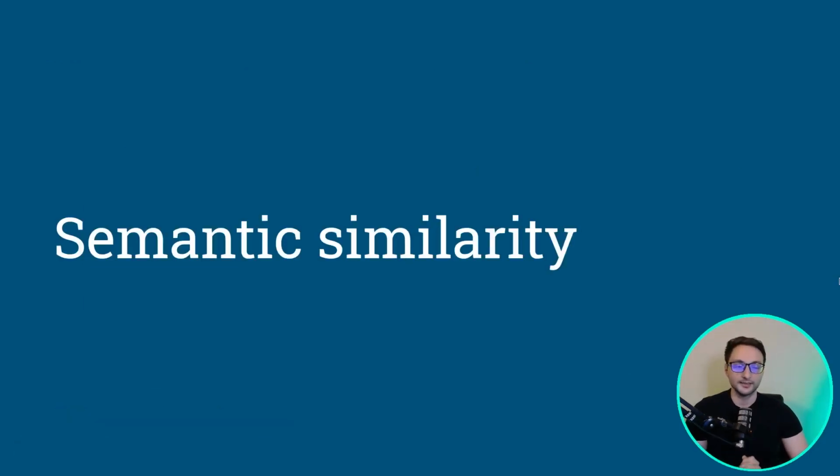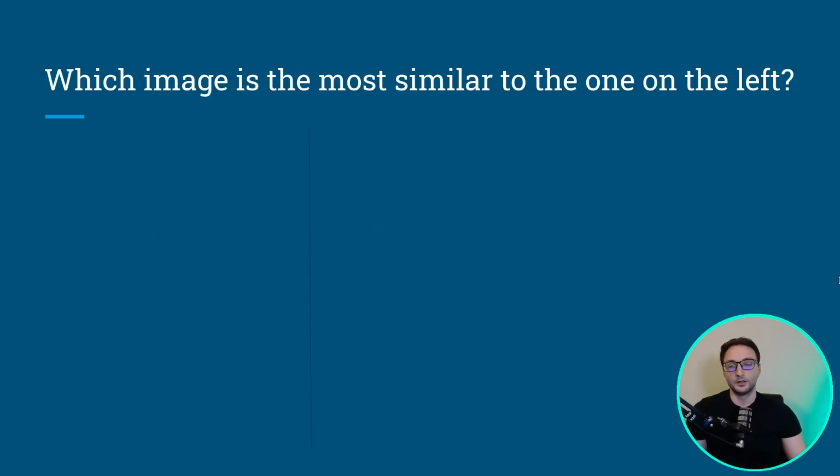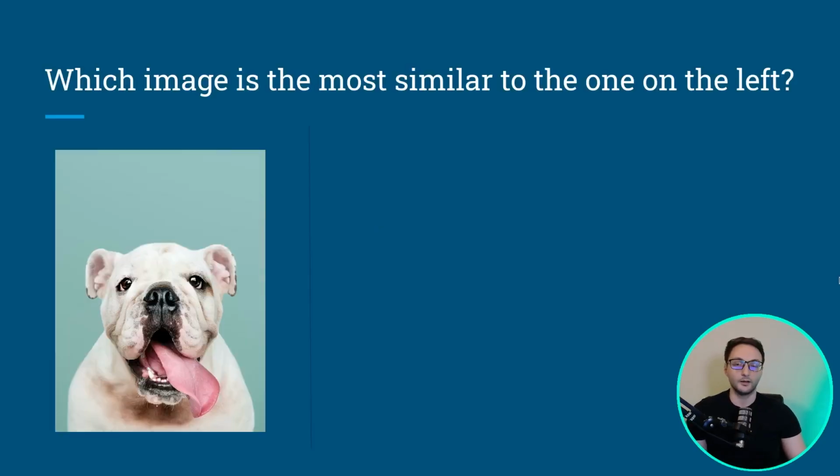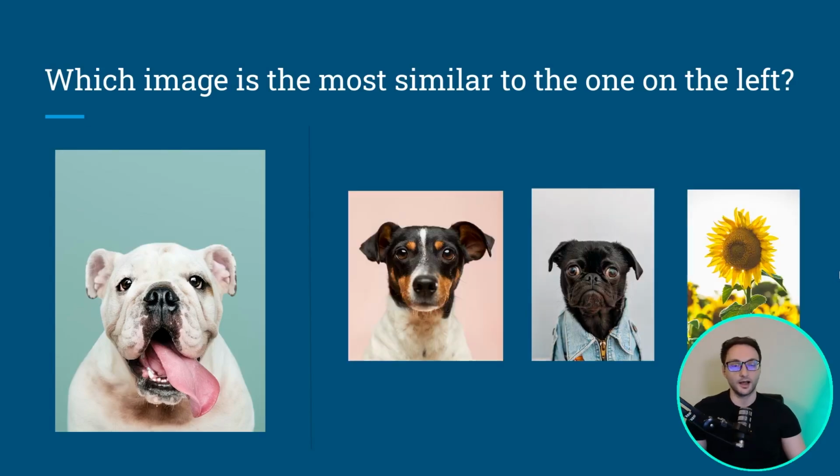So let's talk about semantic similarity. Let's say you have to find the most similar images to the one image on the left. If you look at this, it's fairly easy to say which image is similar and which image is not similar at all. For example, the sunflower image is obviously the least similar to the original image because it's not an animal, it has nothing to do with animals.